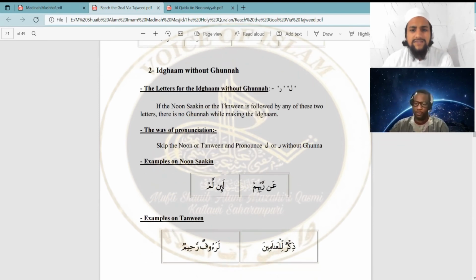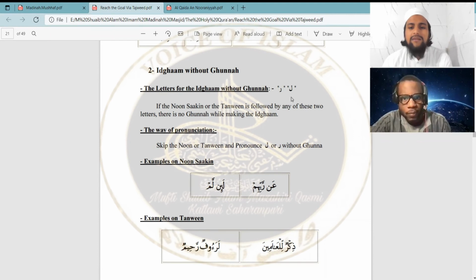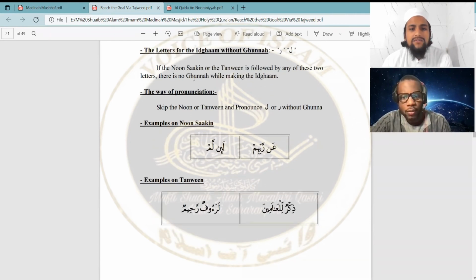Let's finish this one. Idgham without gunna. Two letters are left, lam and ra. So the letters for the idgham without gunna are lam and ra. If the nun sakin or the tanween is followed by any of these two letters, there is no gunna while making the idgham.